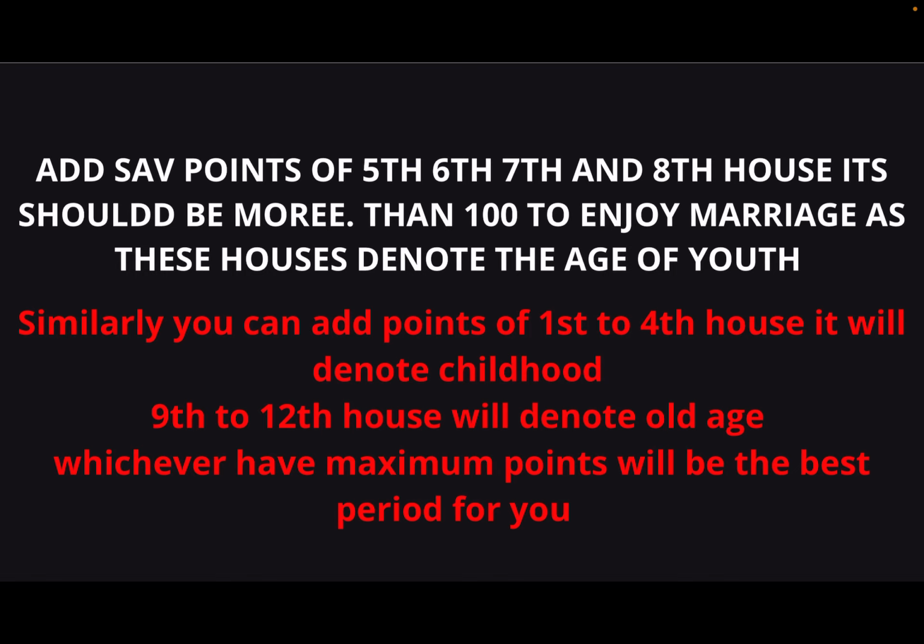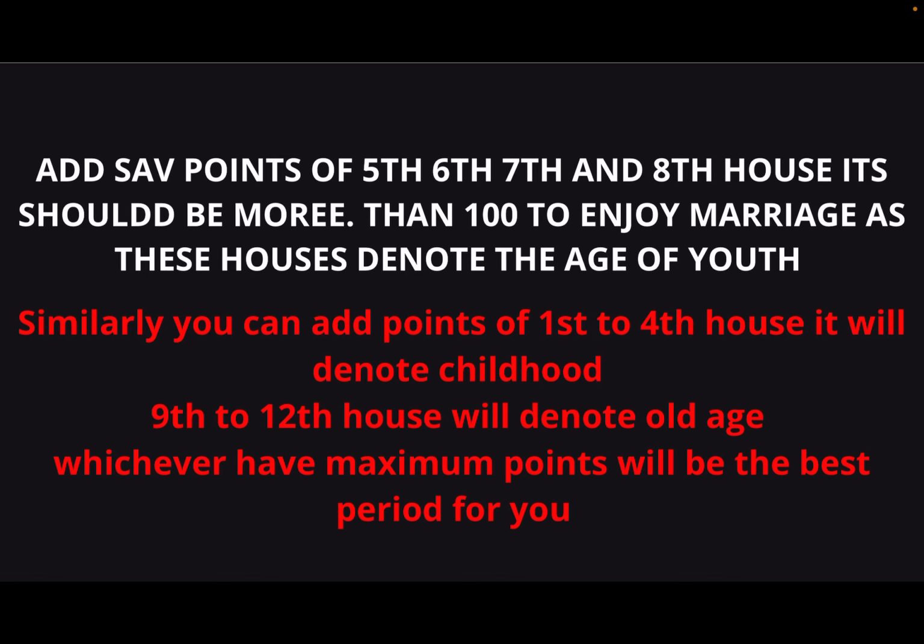Now the other technique is how to check if the marital life will be good and prosperous. Generally in India and elsewhere as well, youth is considered the time for marriage. So in the birth chart, the 5th, 6th, 7th and 8th houses denote the segment of youth.